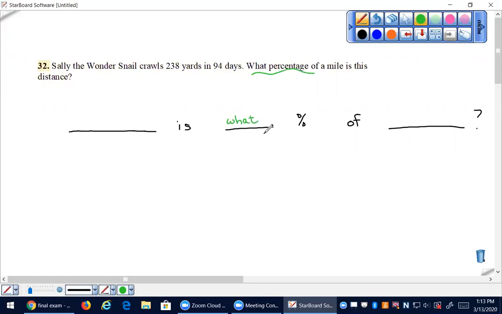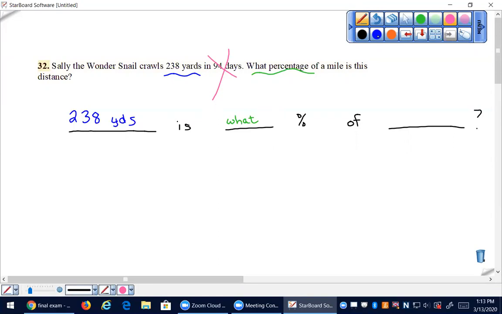Where does the 238 yards go? 238 yards is what percentage of... where does the 94 days go? It's garbage. That's just there to distract you. Ignore the 94 days. That's not part of this problem.